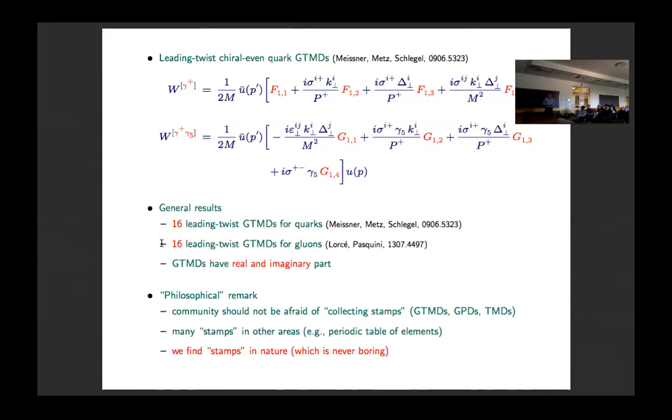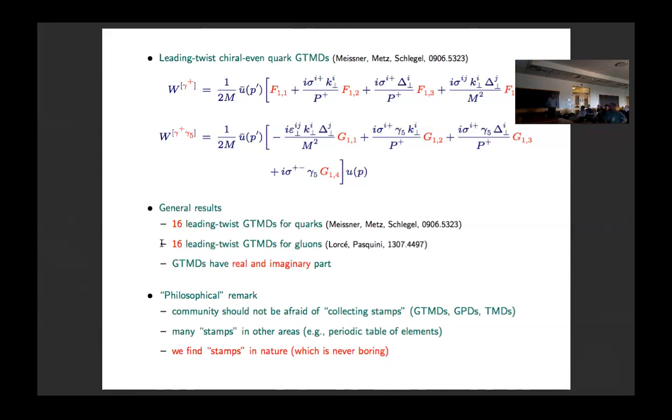I made this comparison the first time 4 years ago at the QCD town meeting, and I still stick to that. We have in other fields of science many stamps too. If you think of the periodic table of elements, we have more stamps than we have here, and I'm not even talking about isotopes. No one would dare to say there's a certain element in the periodic table which we don't need, right?